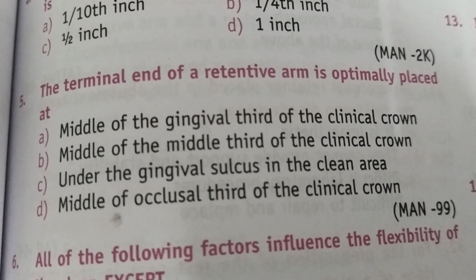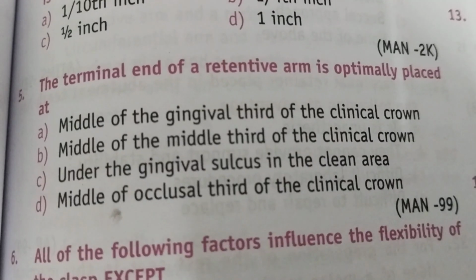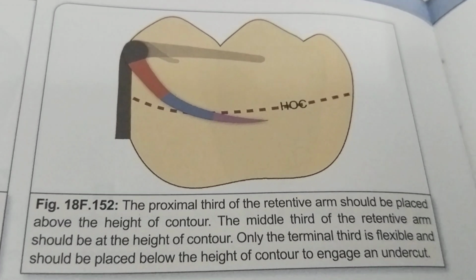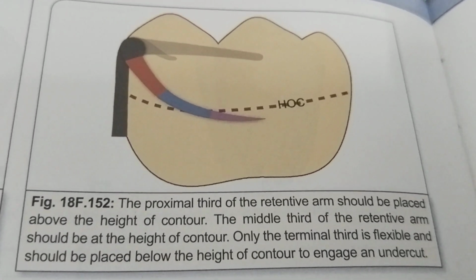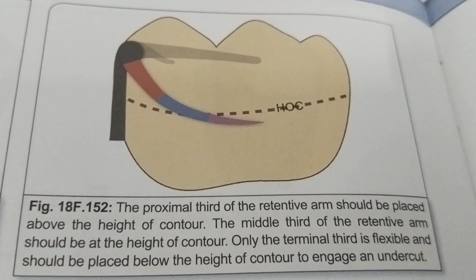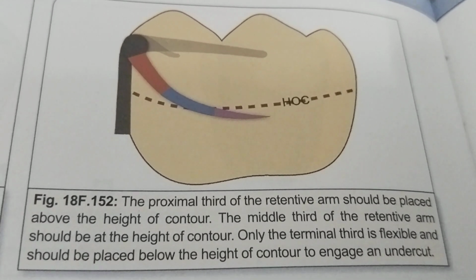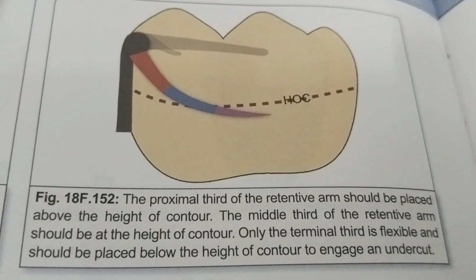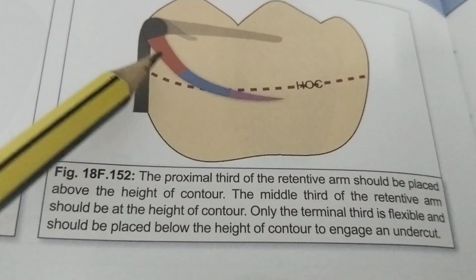The terminal end of a retentive arm is optimally placed at. Now we have seen this question earlier, just like the previous question. Here also they're asking about the terminal end of a retentive arm. Okay, so it should be placed at. Now in this diagram we can see that the proximal third of the retentive arm should be placed above the height of the contour, that is here, above the height of the contour.